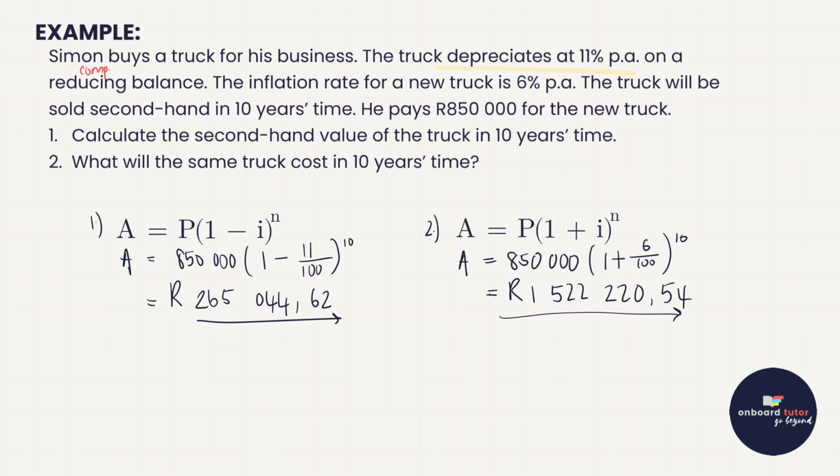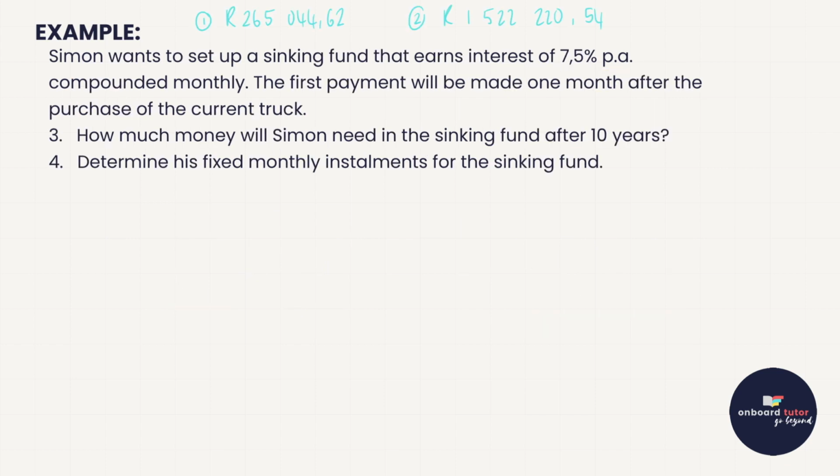Let's move on to see what happens in terms of Simon's sinking fund plans. I'm going to jot the 2 answers down here for question 1 and question 2 because they are going to come into play. Let's carry on with Simon's scenario. He wants to set up a sinking fund, good man, because to suddenly have 1.5 million Rand is very difficult.